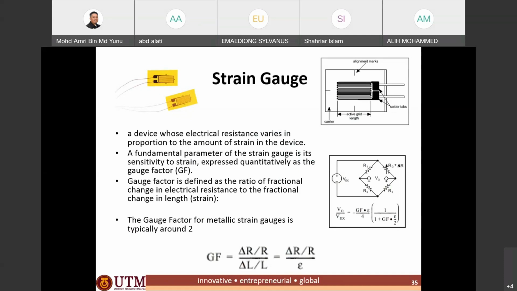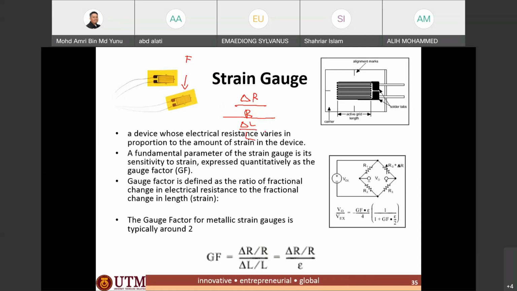When the device is subjected to strain, coming from an object or force, it will change the resistance. So the change in resistance over the nominal resistance of the sensor, divided by the change of length over the total length, that's the strain.